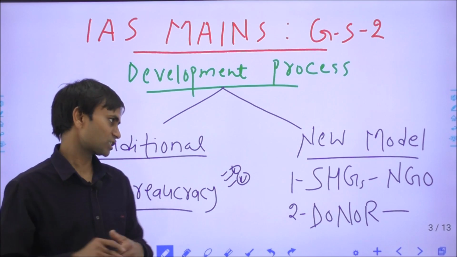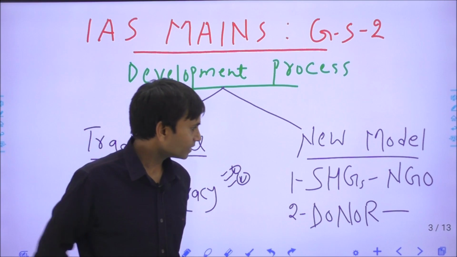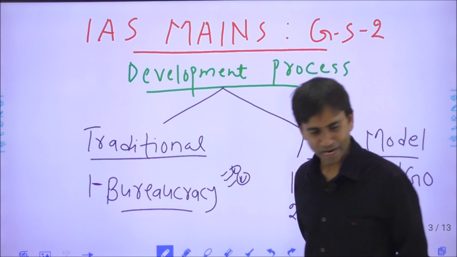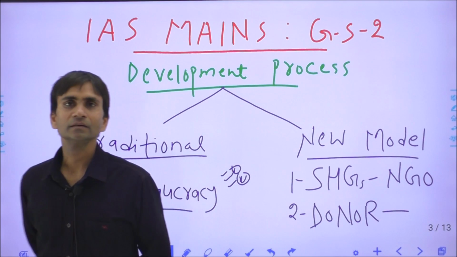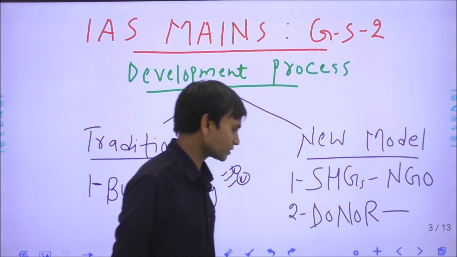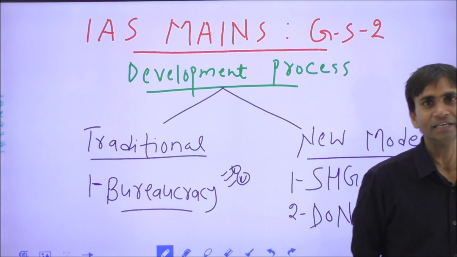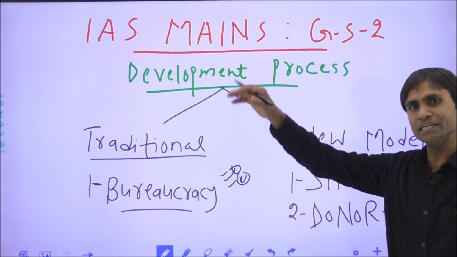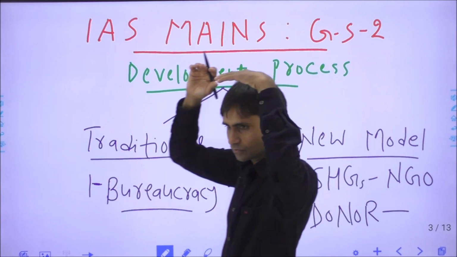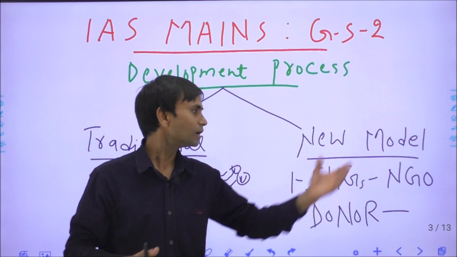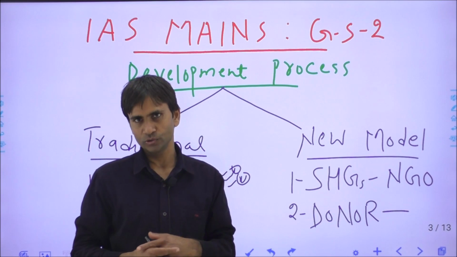That is another aspect. Second is the role of donor agencies like the Japanese development banks and the Bill and Melinda Gates Foundation. In the 21st century, India is a part of globalization, and many international government agencies are providing financial assistance to the Government of India or to SHGs and NGOs.